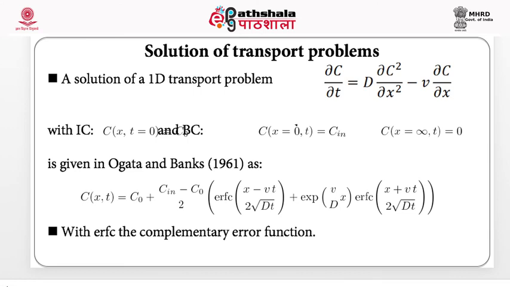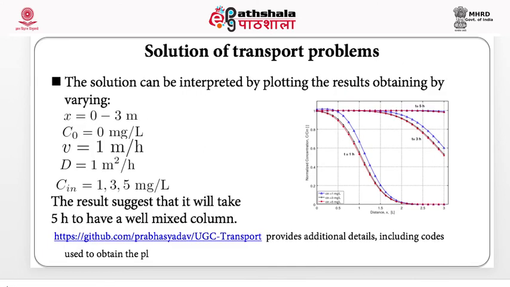Now, how do we interpret this solution? This can be mostly done by simulating different scenarios, and that is what is seen in the next slide. The solution can be interpreted by plotting the results obtained by varying, for example, the length of the aquifer, the inlet, the velocity field, or different inlet concentration.